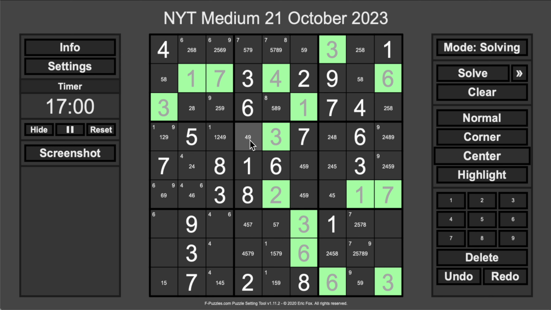Let's see, this can definitely not be 5. So 5 is definitely in one of these two, so this can't be 5. That's 9. Whoops. Okay, so these are 4 and 5, which means that one is 9. Now this is not 9, and this can't be 9 either.